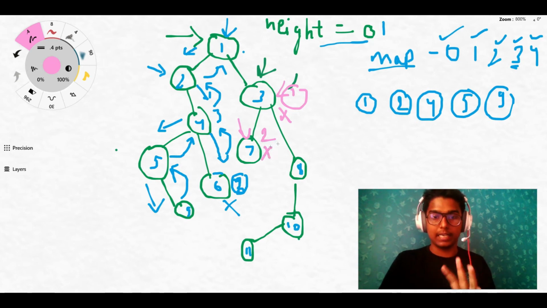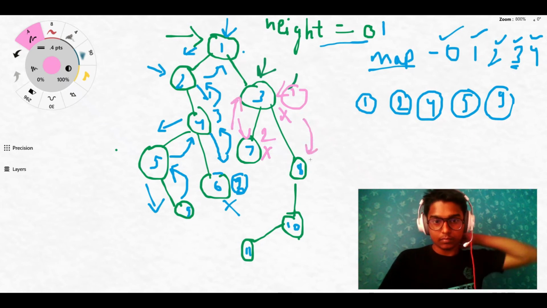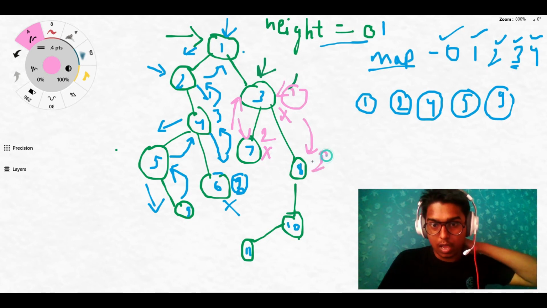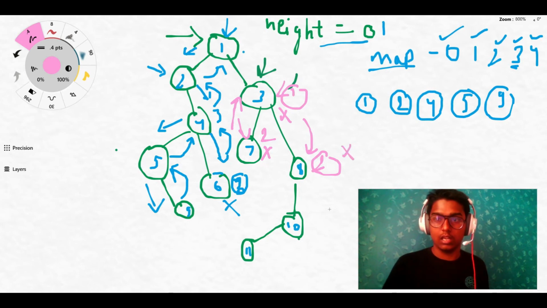Now I will traverse back, and I will go to this node. My height here is 2. Is 2 already present in the map? Yes, 2 is already present, so I'm not printing it again.